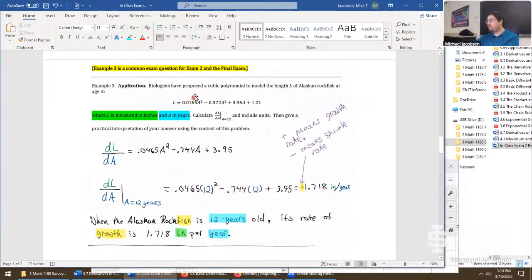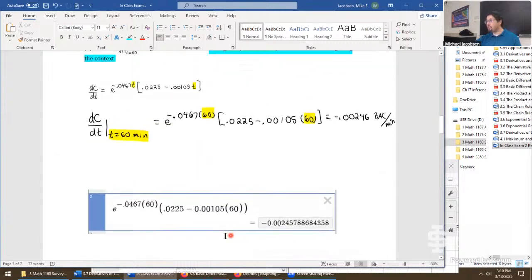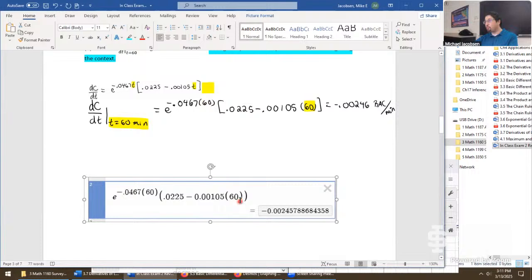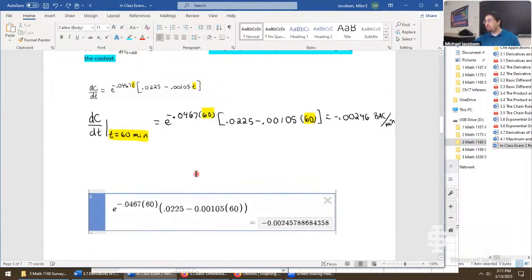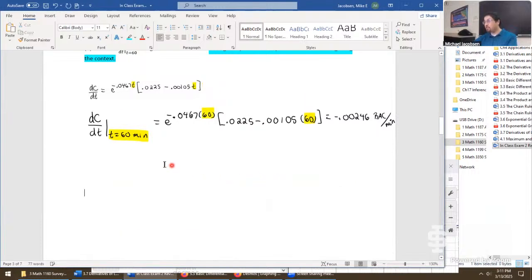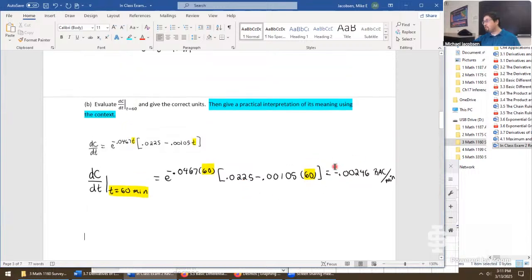That's not true. You'd put the value inside here to get the length of the fish. This quantity is how fast the fish was growing when it was 12 years old. So any interpretation of a derivative is about a rate, some kind of rate of change, either growth, decay, something along those lines. We have something that's negative.